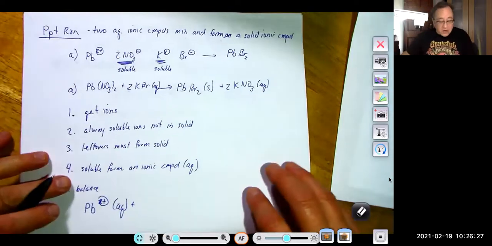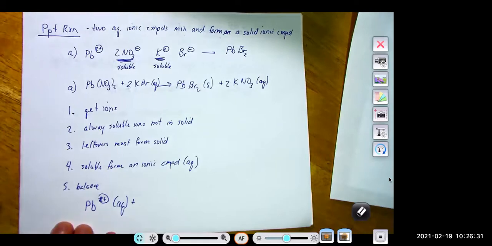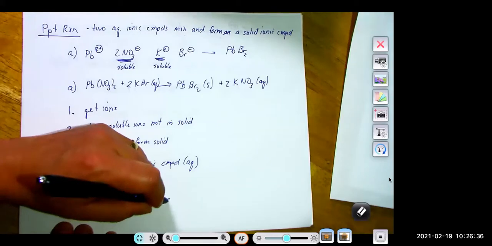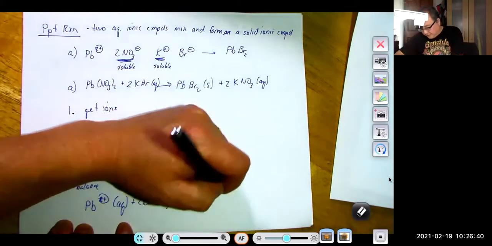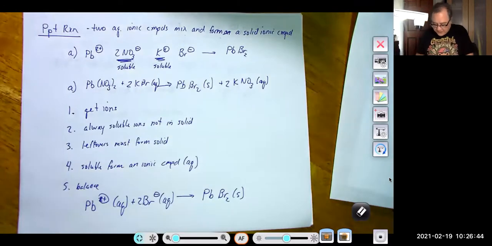It's 2 Br because Br2 is a molecule. Okay. So plus 2Br minus. Yep. And it makes peanut butter and jelly sandwiches. Well, PbBr2. Right? So that's your net.